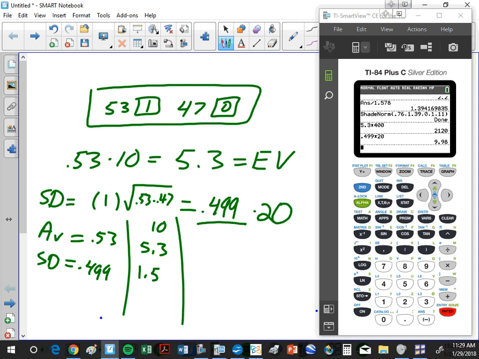But if he shoots 400 times, then he's expected to make 212 shots, give or take 10. So the expected value grows the more draws you make. The SE grows the more draws you make. It's not 1.5. It's 20 times this.